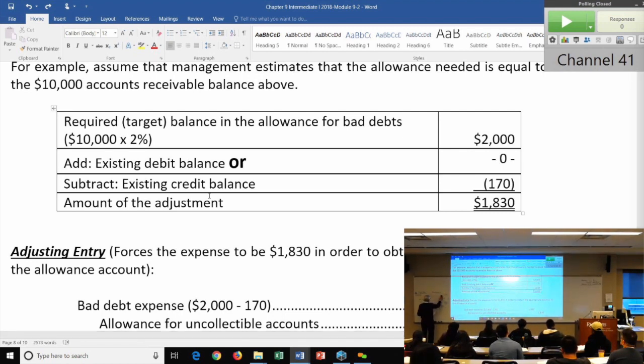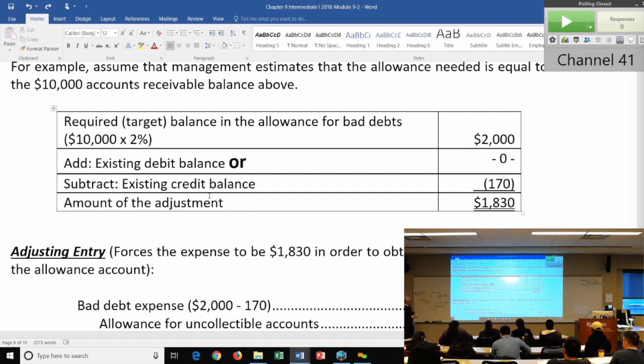Starting with our original balance of $170, we now say that we need an allowance of $2,000. So the target balance becomes $2,000, and the target allowance becomes $2,000. The target NRV becomes 8,000.